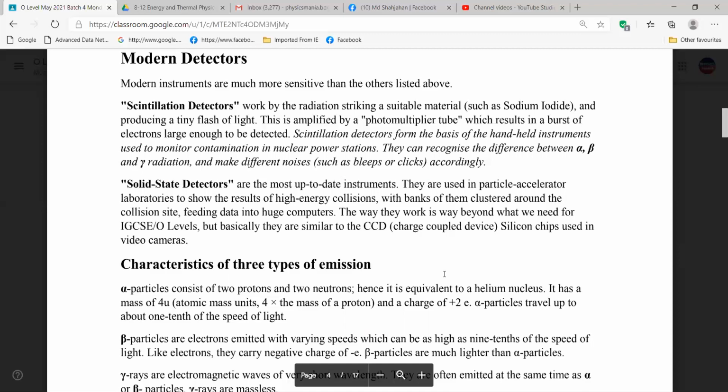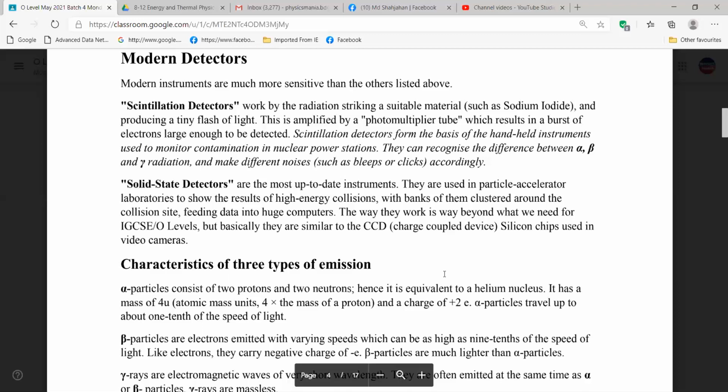Amplify means, like, you know the amplifier we use for sound. When you speak into a microphone, the sound is amplified and we get a bigger, louder sound in the sound box. That is called an amplifier. Okay, sir.